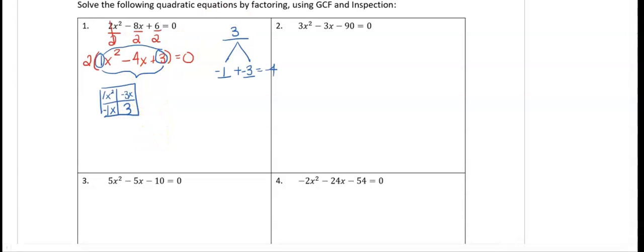So now I'm going to pull a GCF out of each row and each column. I'm going to look at this very first row and ask, what does 1x squared and negative 3x share? Well, 1 and negative 3 don't share anything but 1. But x squared and x share an x. So I'm going to write that over here. And then in this row, negative 1x and 3.